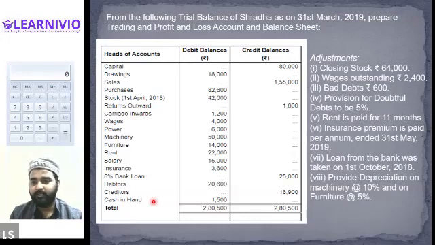Okay, so that can also be done, Alexander, but generally in examination that kind of question is not asked, because if they ask a question like that, it will take a long time to solve, because we need to prepare the final account. That kind of question won't be asked in your examination if the question is asking you to prepare the final account. But if a journal entries question is asked, then you won't be required to prepare the final account. In that case only they may ask you to journalize the transactions.